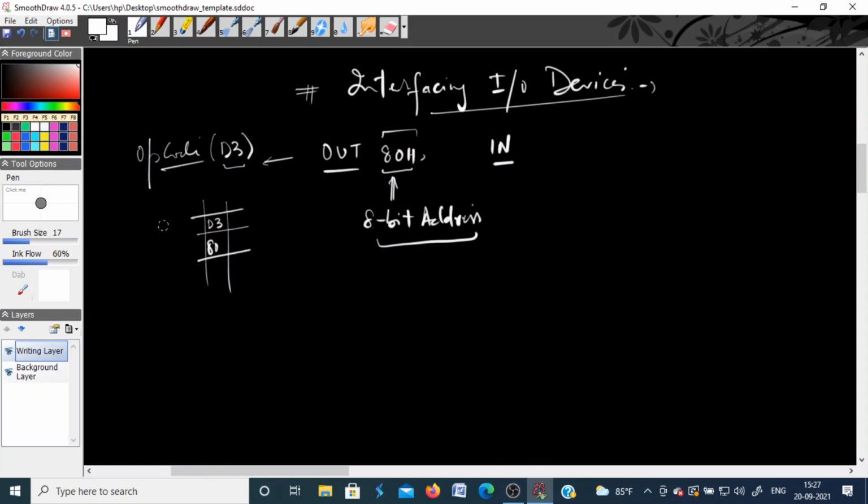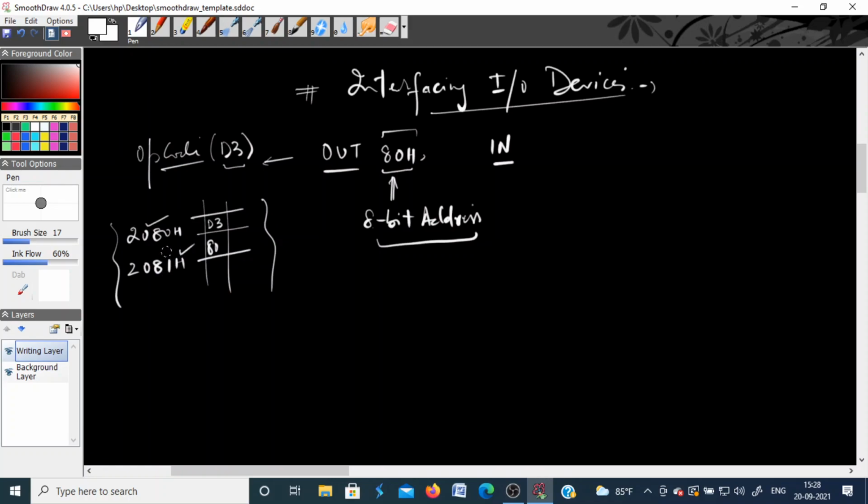This will be stored at some location, maybe 2080h, and the port address is stored at 2081h.